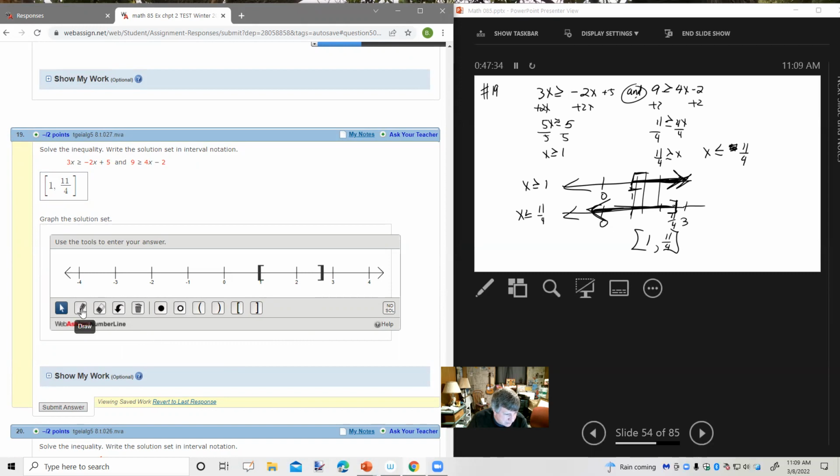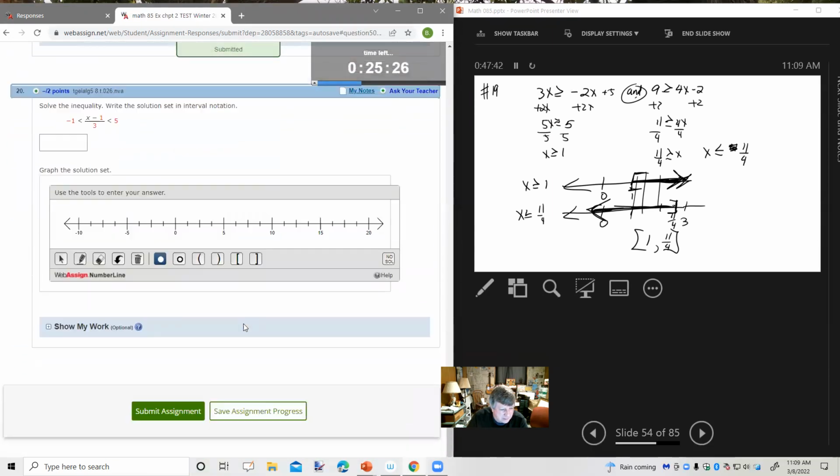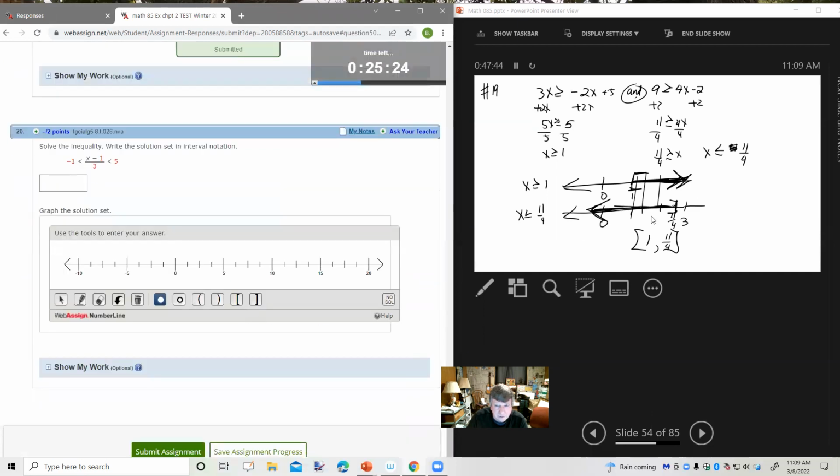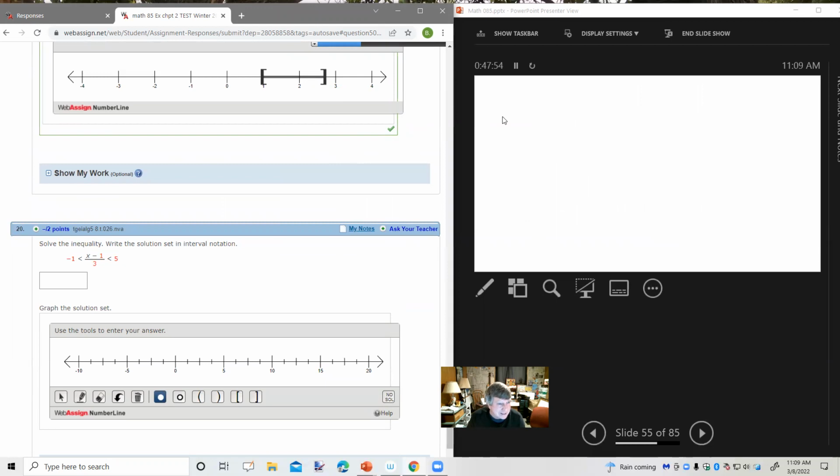And then I need to fill in between. Let's see what it says. Okay. And finally, it gave it to you. And again, if it's super close, it takes it. And again, I look at it, and if you're close, I accept it. But if you're way off, you've got to pay attention to the scale. Details, yes. Details. I know.